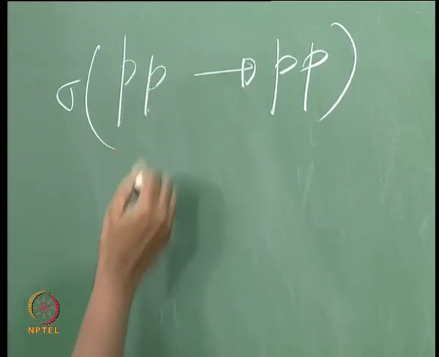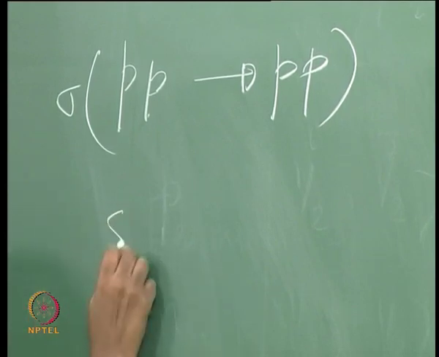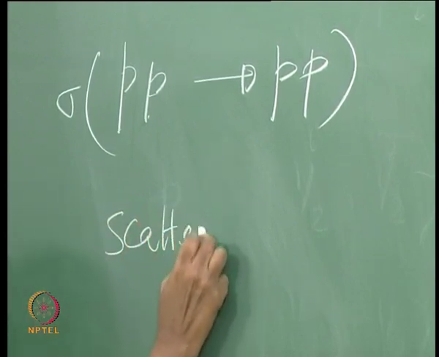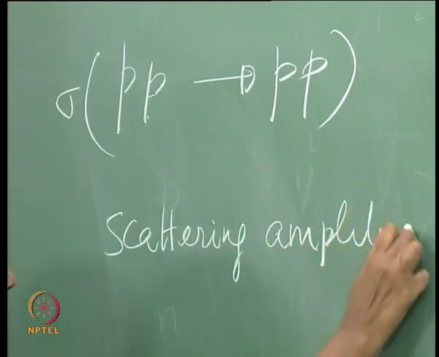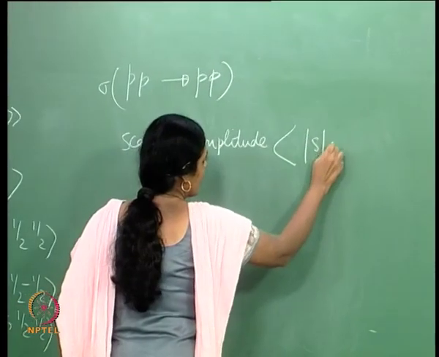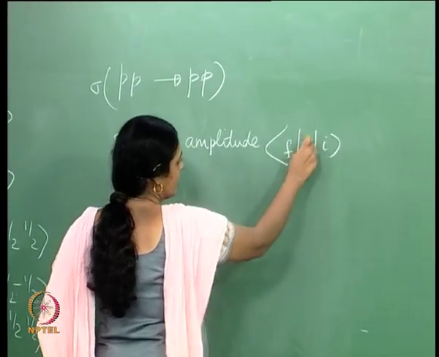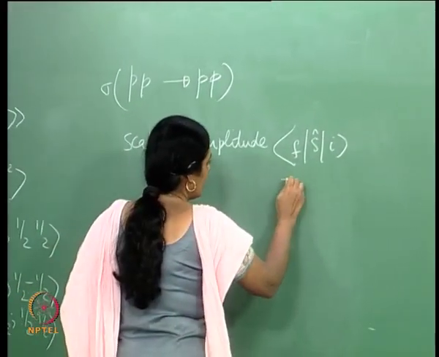Now, if that is what I was looking at, I compute the scattering cross section in 2 stages. First of all, there is a scattering amplitude which I will denote by S, initial state to final state. This is an operator. It depends upon the interaction Hamiltonian.